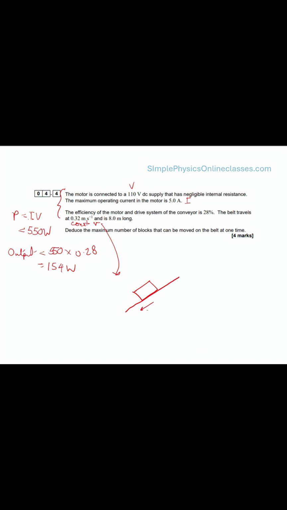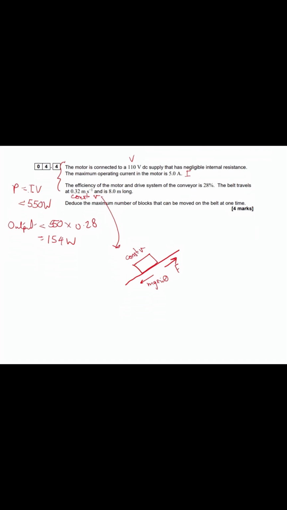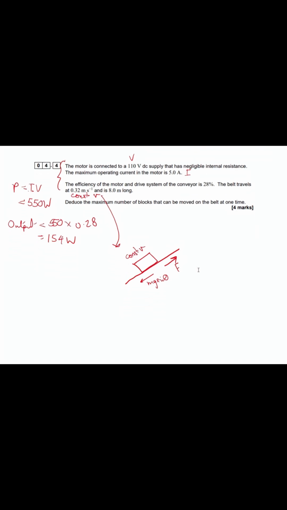You've got mg sine theta. So the force upwards must be equal to that at constant speed. It's not accelerating anymore. So because you've got a constant force with a constant speed, I can use power equals Fv for one block. So that would be the 73 from before.